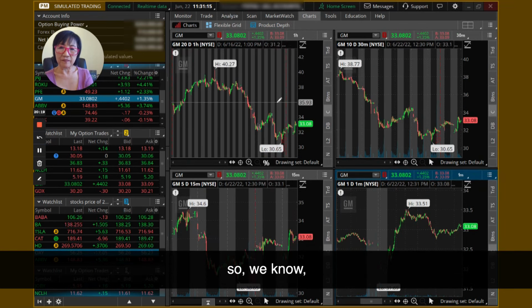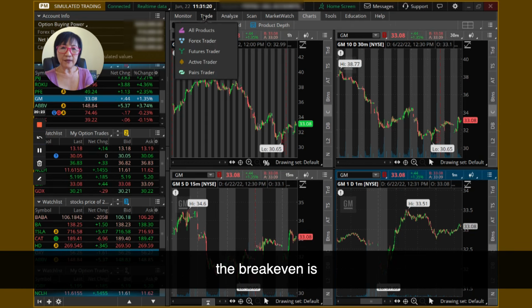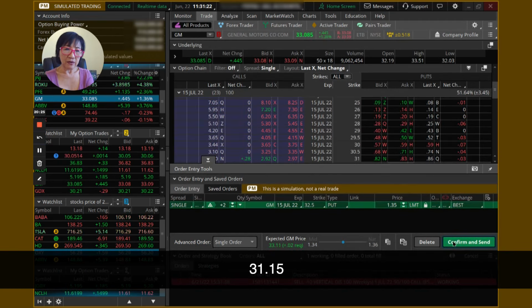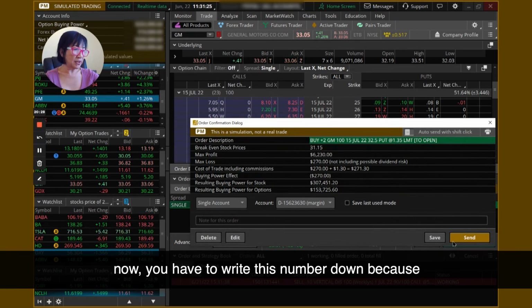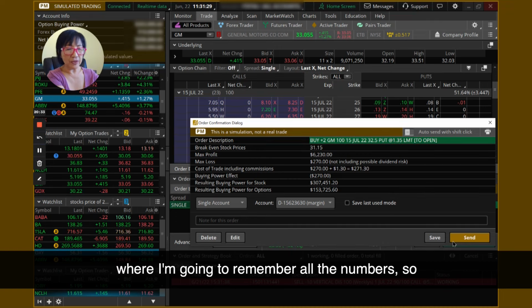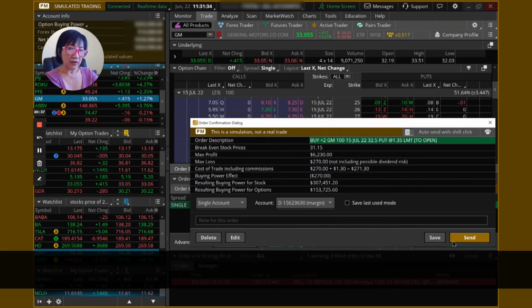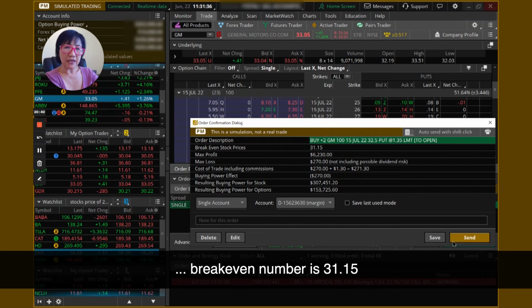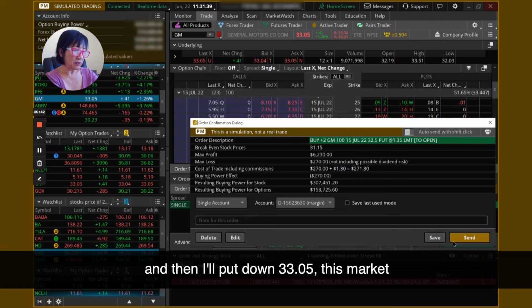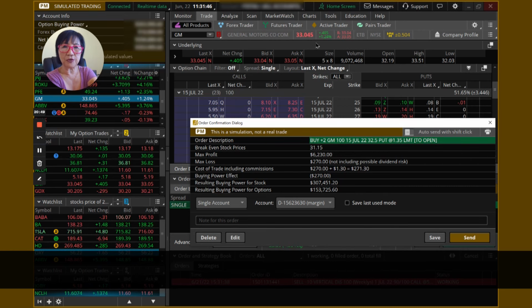Okay, so we know the break even is 31.15. Now you have to write this number down because I'm not a math whiz where I'm going to remember all the numbers. So I just take a scratch pad and write down my break even number is 31.15. And then I'll put down 33.05. Current market changes because this market is open, obviously.